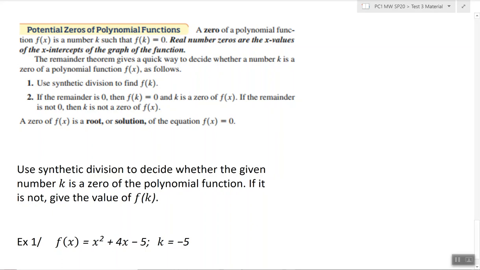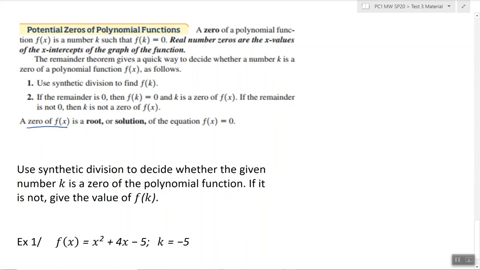That remainder theorem is a quick way to decide whether a number k is a 0 of a polynomial function f of x. All right, so we're going to use synthetic division to find f of k. If the remainder is 0, then f of k equals 0, and k is a 0 of that polynomial. If the remainder is not 0, then k is simply not a 0 of f of x. So these words are synonymous here.